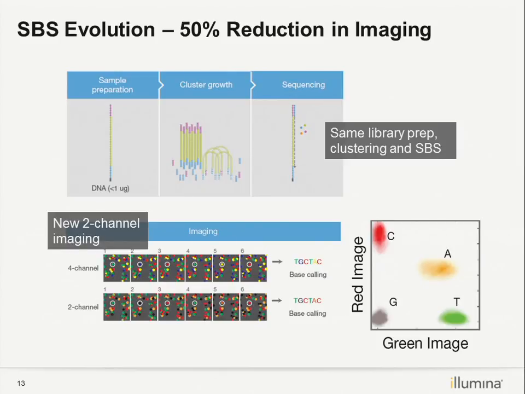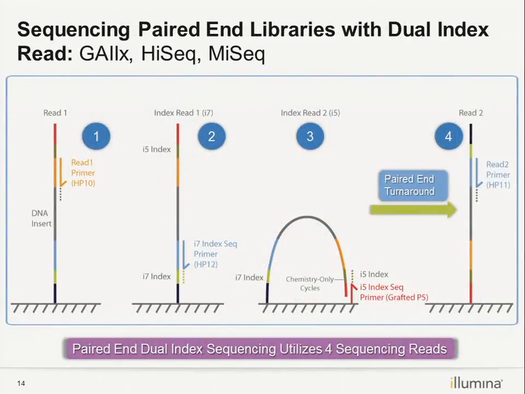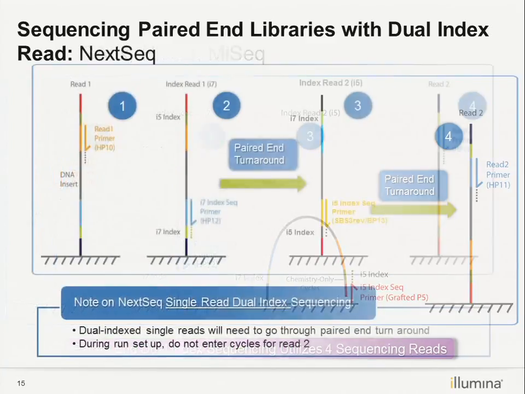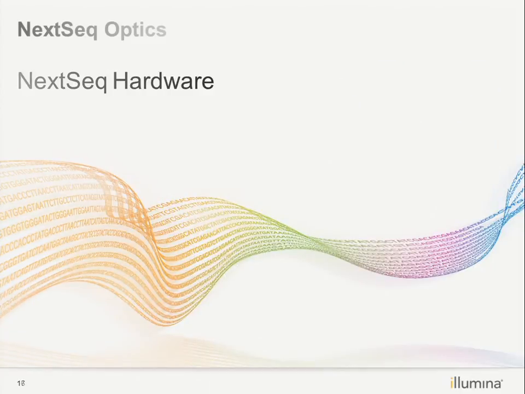But for this one, I only capture 2 colors, and I use these algorithms to determine the phase. So it will reduce 50% of the imaging time, which reduces the turnaround time. These are also mentioned already.